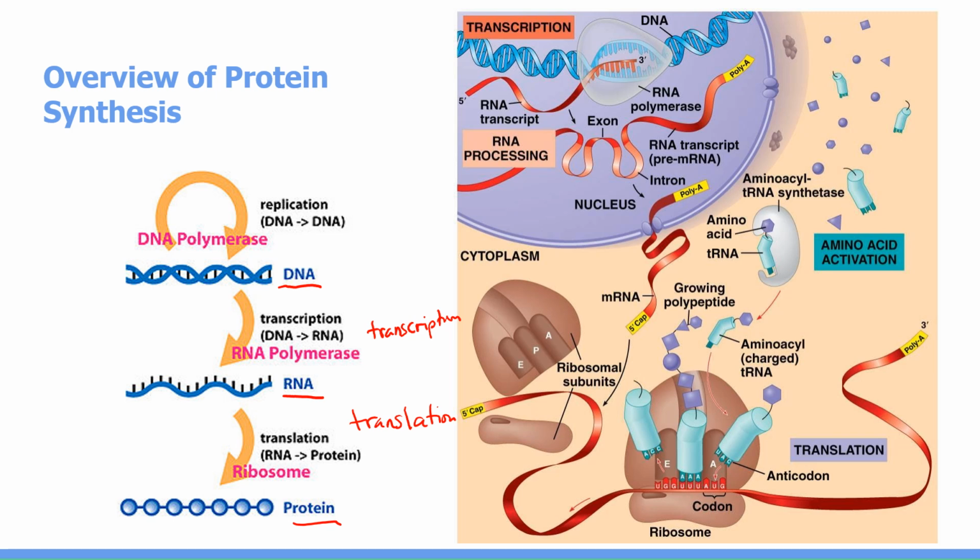So let's take a look at the summary right here. This is obviously for a eukaryotic organism because the nucleus is present. We have pre-mRNA being made. We have the RNA being processed. We have the GTP cap, poly A tail. The introns are going to be removed right here. The cap helps with the attaching of the small subunit of the ribosome.